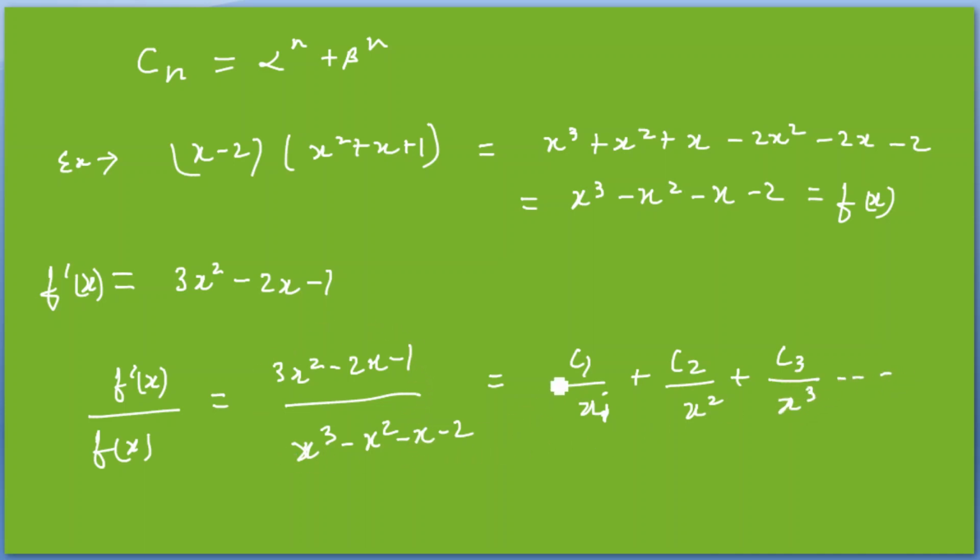And we can find the values of c1, c2, c3 with the help of synthetic division.